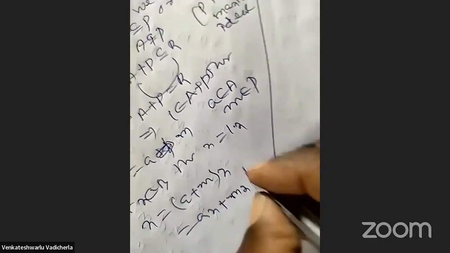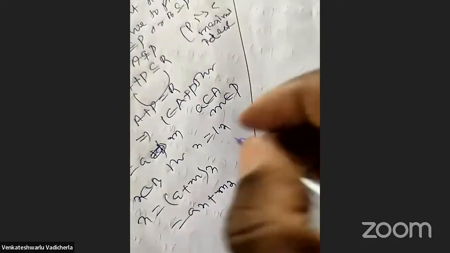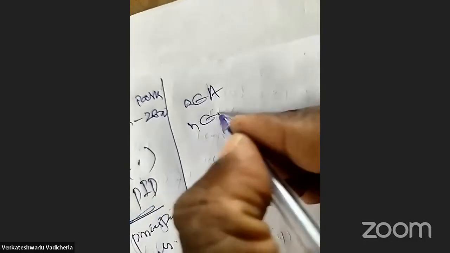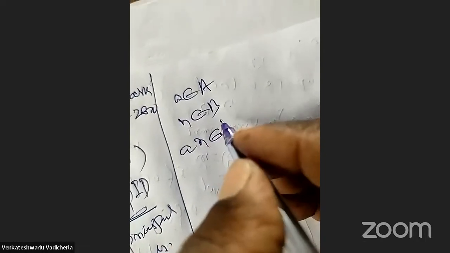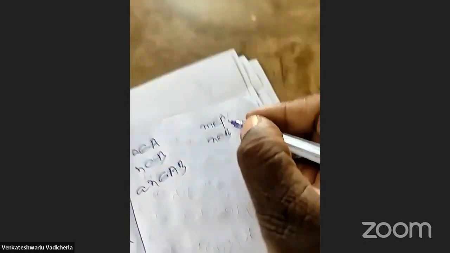Here small a belongs to capital A and small x belongs to capital B, so ax belongs to AB. Small m belongs to capital P, and x belongs to B.